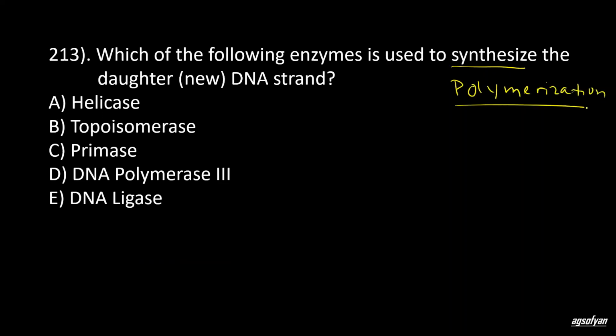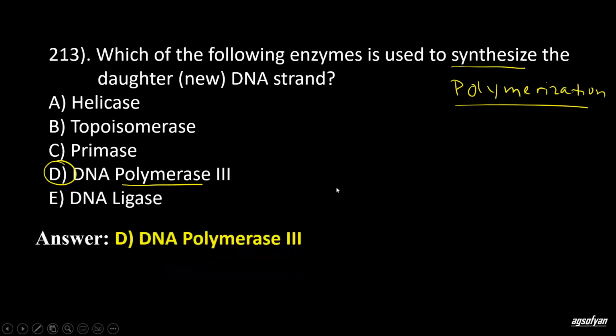Then it requires an enzyme that refers to the name polymerase. So this DNA polymerase 3 is the one that adds the nucleotides, making a long DNA strand. And this is called polymerization.